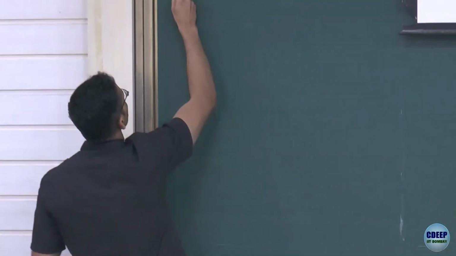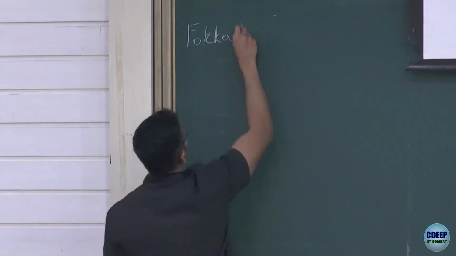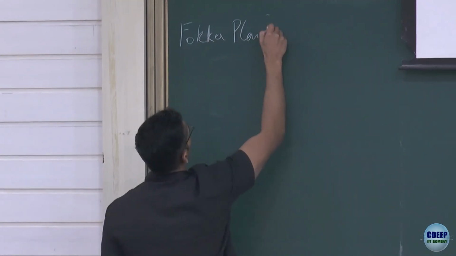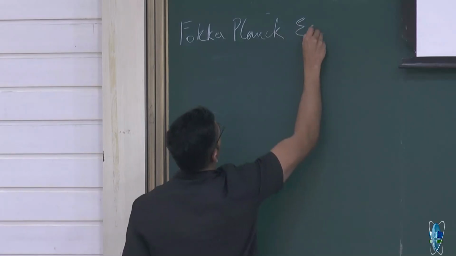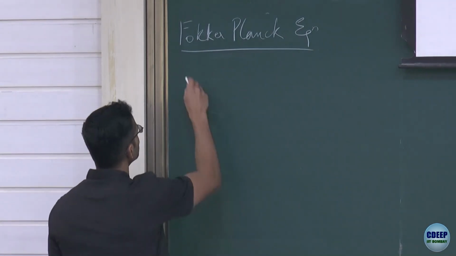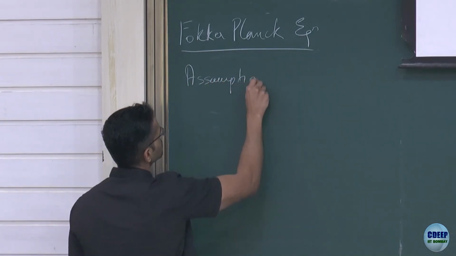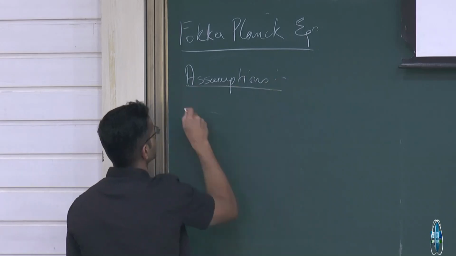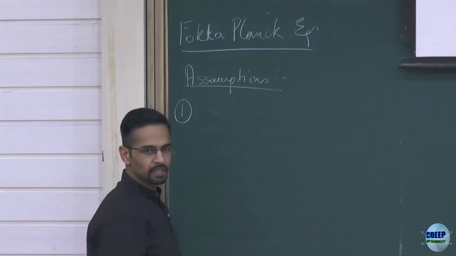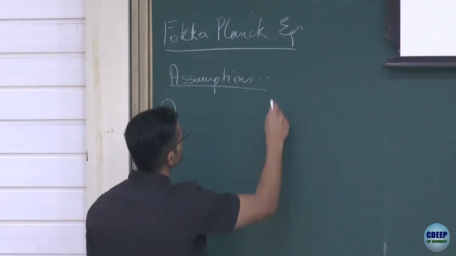The point is we want to get the Fokker-Planck equation. And we're going to make some assumptions now, so let me list them down. The first is to say that the probability of taking big jumps is going to be 0.